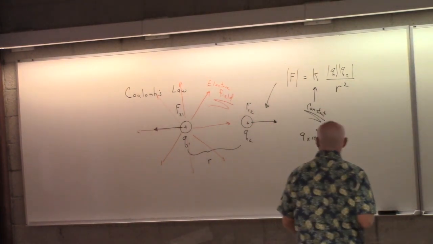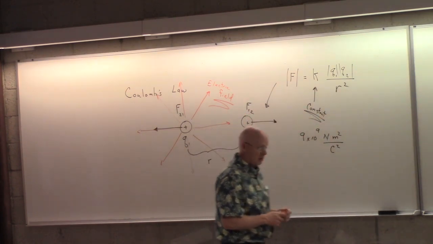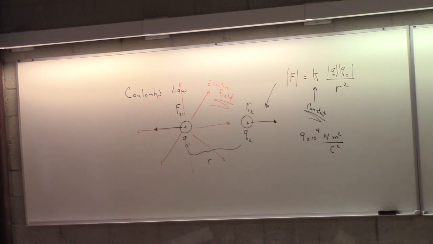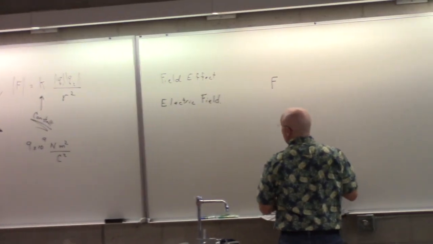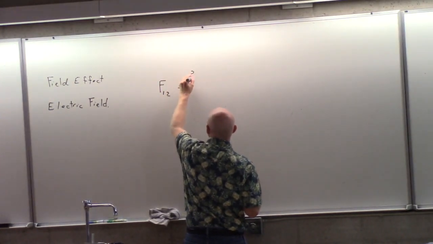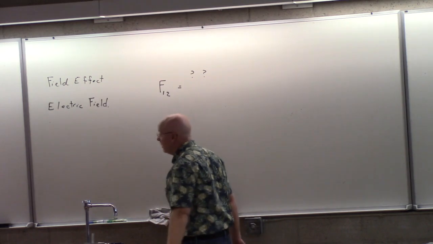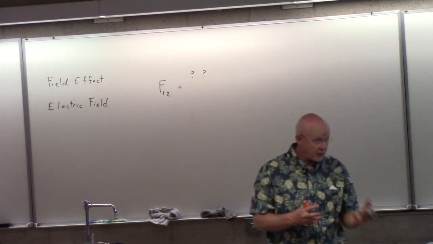And so if you were to ask me this question right here, the force from number 1 on number 2 is equal to what? I would say it's really a 2-step process.